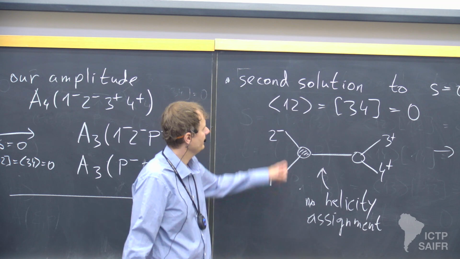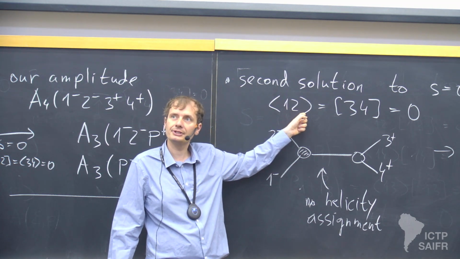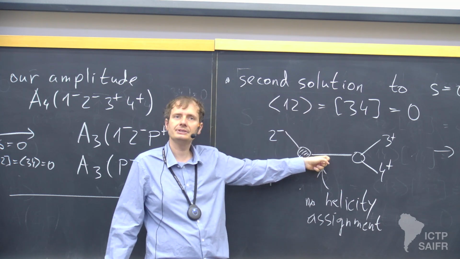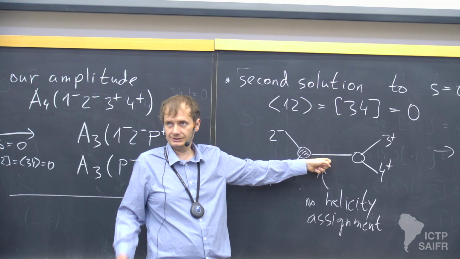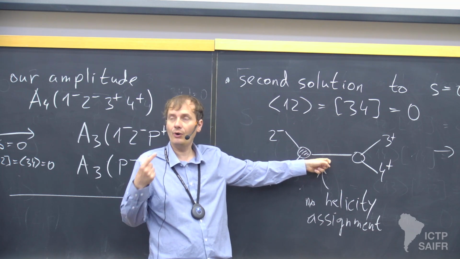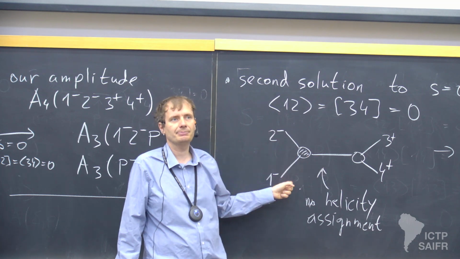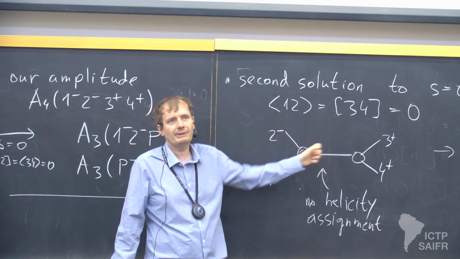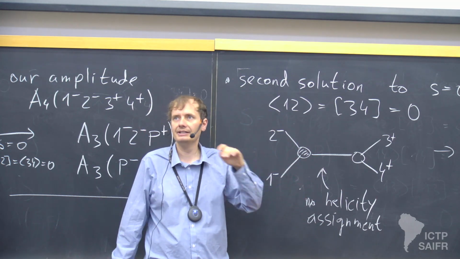Right, so this tells you that the 1 and 2 lambdas are proportional, and they will be proportional to the lambda of the internal line as well. But this kinematic solution only corresponds to amplitudes which have assignment minus plus plus or plus plus plus, in case we are not in this minimal coupling but have higher derivatives.